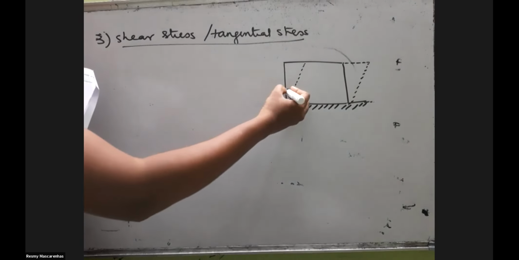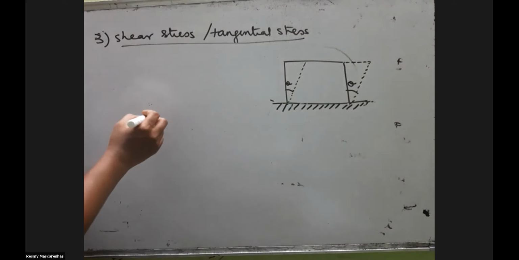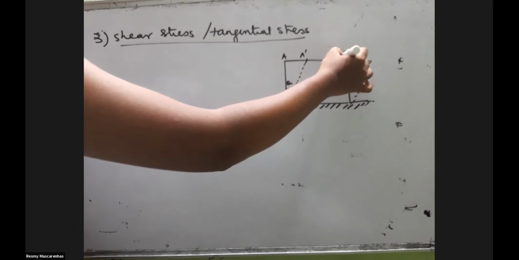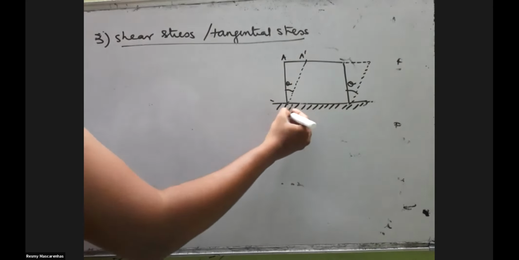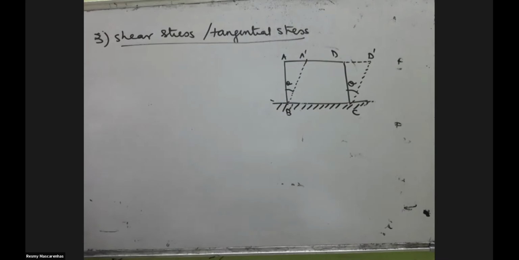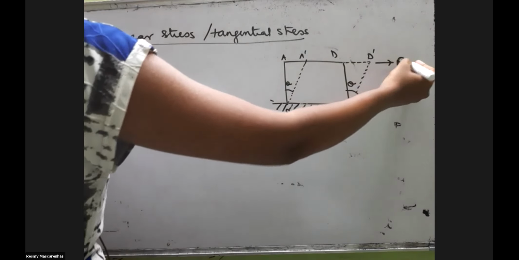By how much? A certain angle it will change. So we have this A, B, C, and D, and this is the new D. Force is applied in this particular direction.